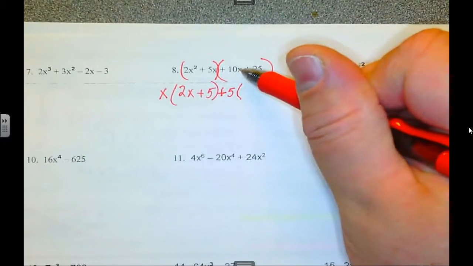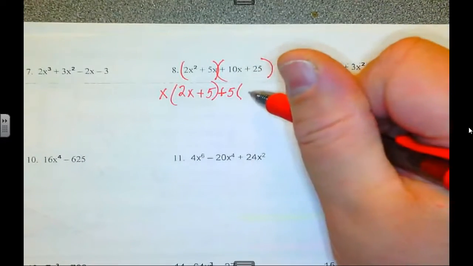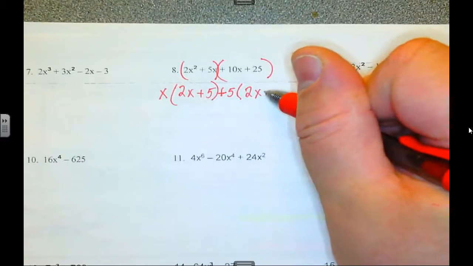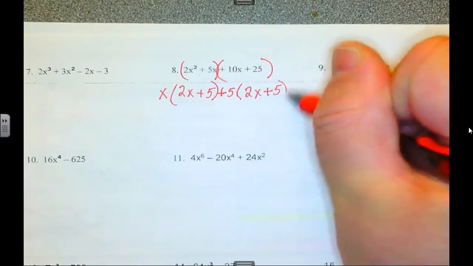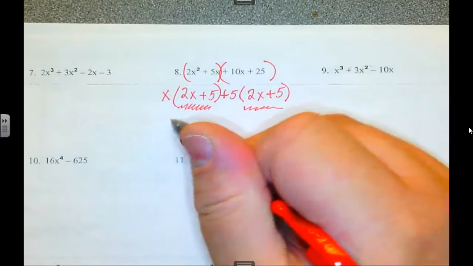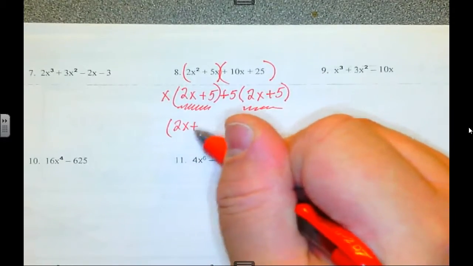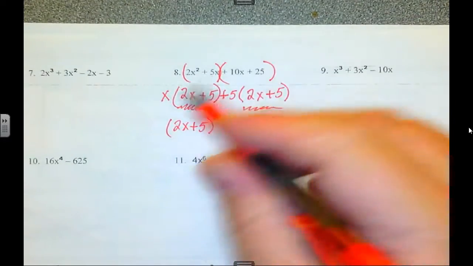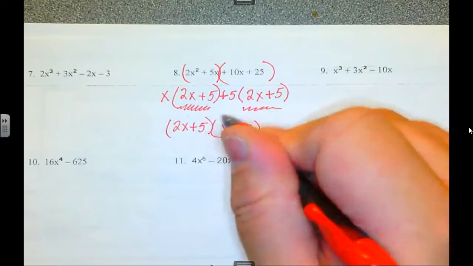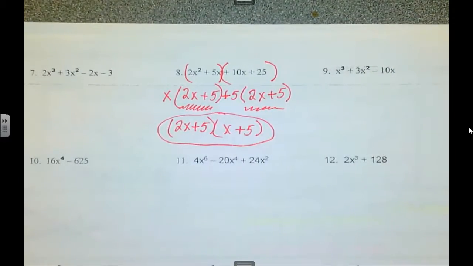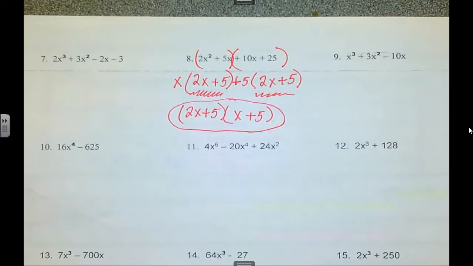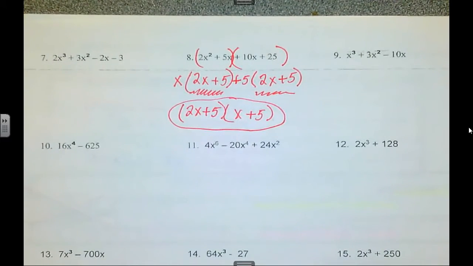That leaves me, 10x divided by positive 5 gives me 2x. Positive 25 divided by positive 5 is positive 5. I get the same quantity. Goes out in front or back, doesn't matter. And then I have x plus 5 left over.